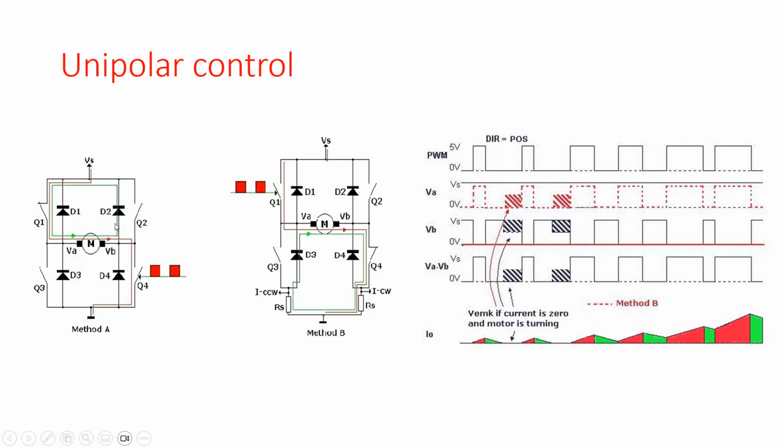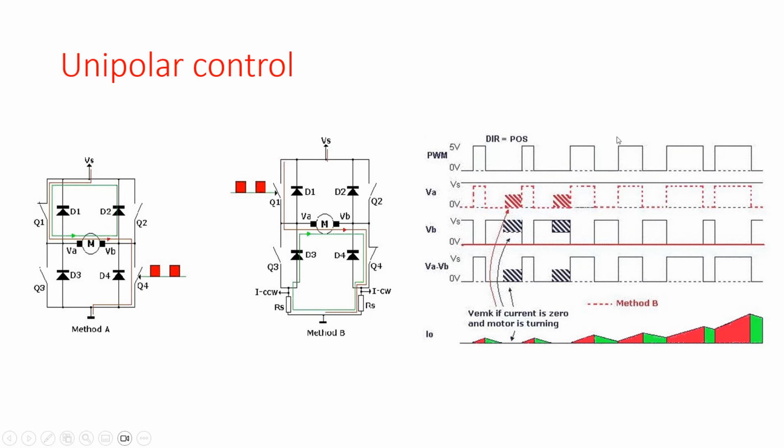So we have more or less a connection between the power supply and VB. So in the 0 part of my PWM, VB is also equal to the power supply voltage. So VA minus VB is in that situation 0.